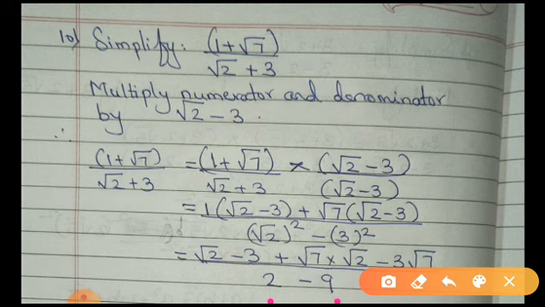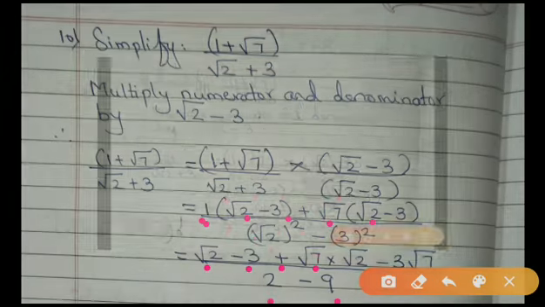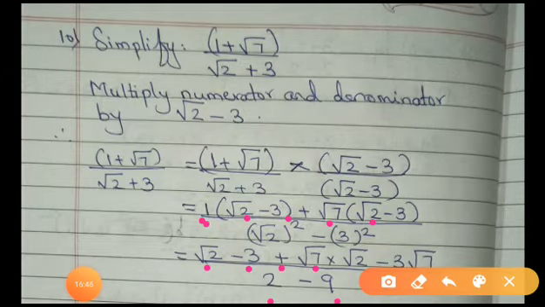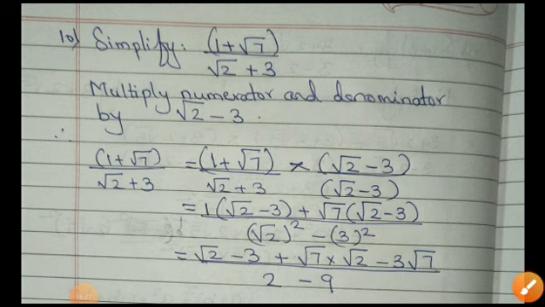And here it is 1 into root 2 is root 2. 1 into minus 3 is minus 3 plus root 7 into root 2. Root 7 into root 2, either I can write it as what? I can write it as root 14 directly. And that is minus 3 into root 7.